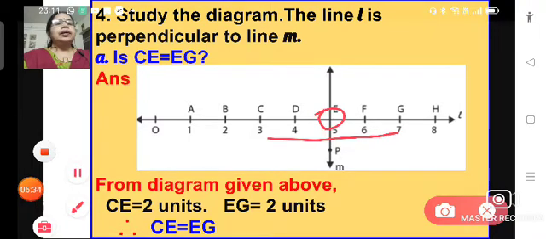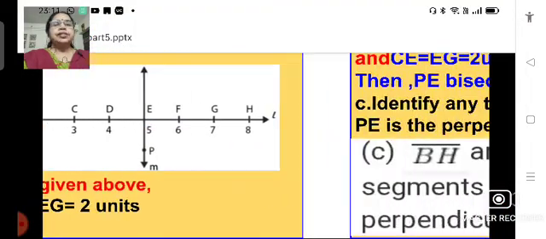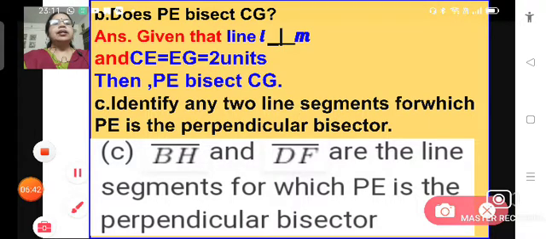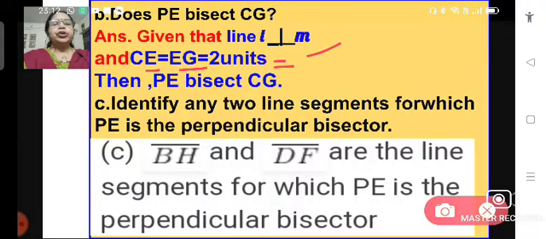So we can say that PE is the perpendicular bisector of CG. So that answer only we have written here. L is perpendicular to M and CE is equal to EG. Both are of 2 units, and PE is perpendicular and at the same time it bisects CG because it is passing through E. So yes, PE bisects CG.